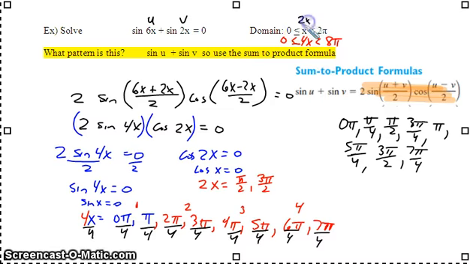So if my domain was 2x, it would be going from 0 to 4 pi. So this is 1 time around the unit circle, I need to go another time around the unit circle by adding 2 pi to this. So if I add 2 pi to pi over 2, I get 5 pi over 2. If I add 2 pi to 3 pi over 2, I get 7 pi over 2.